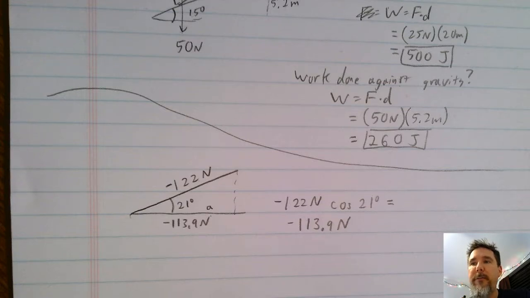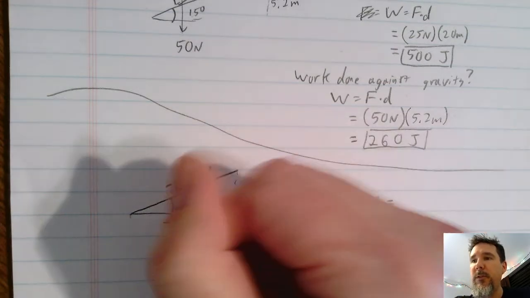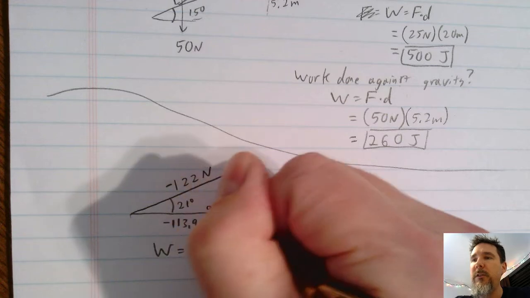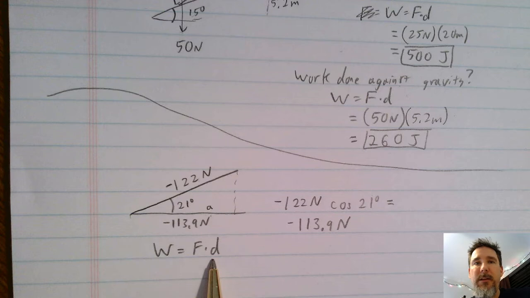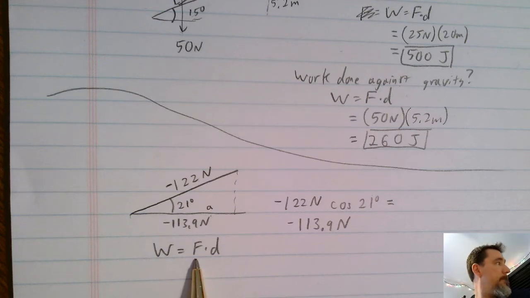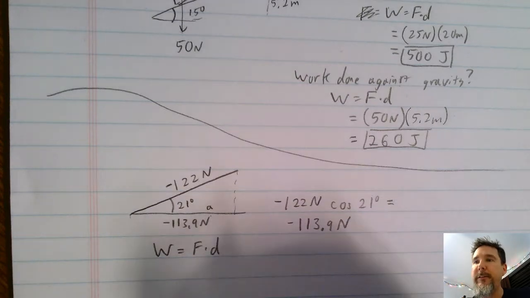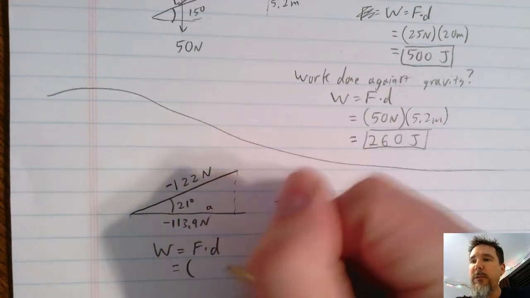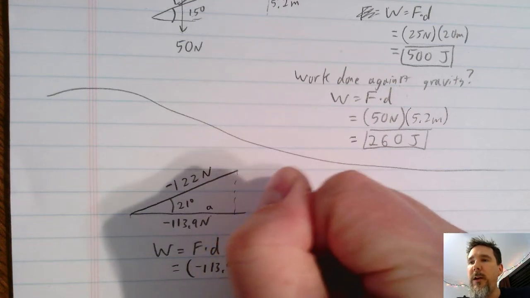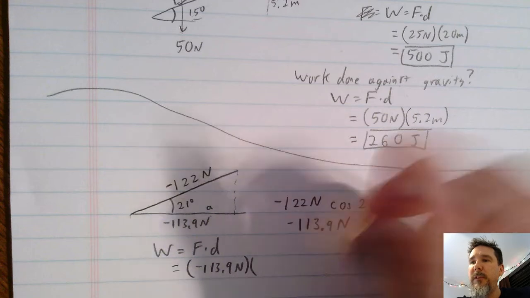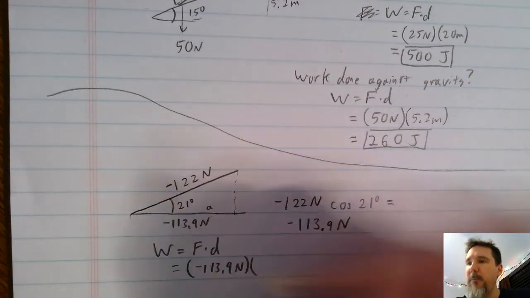So now we have the horizontal force. So work is just the force times the displacement. The displacement is to the side, and we've got the force she's pulling to the side. And we just plug our numbers in. So the force is negative 113.9 newtons times the displacement, 17 meters.